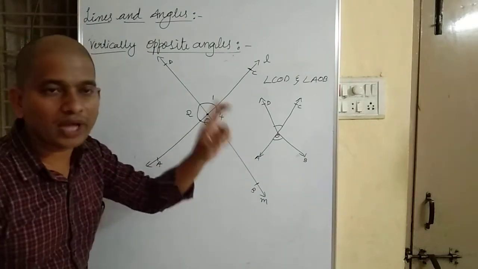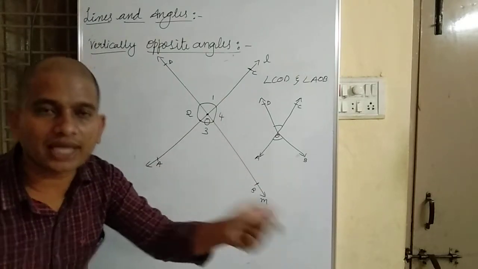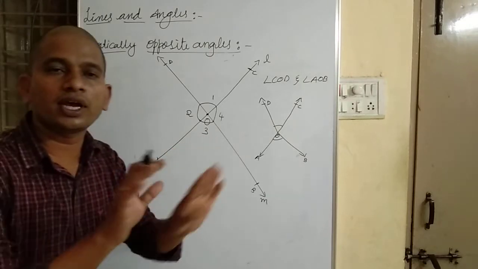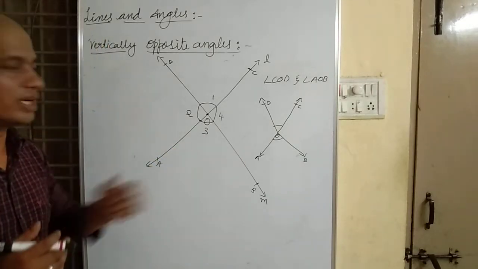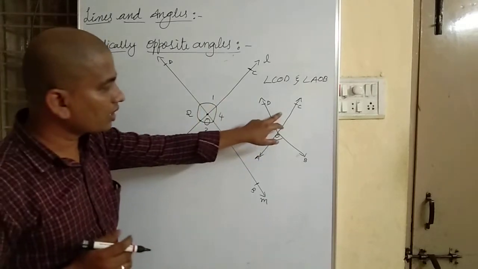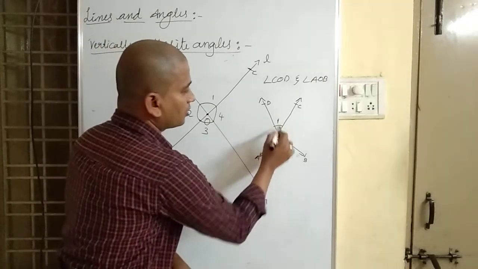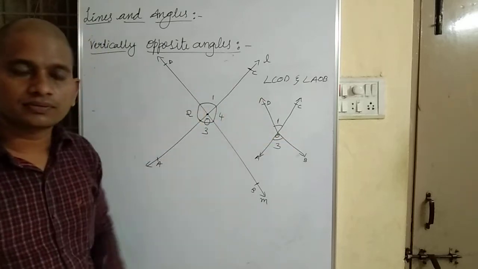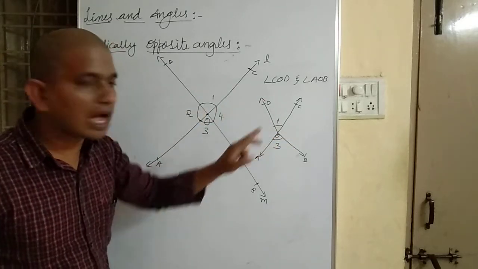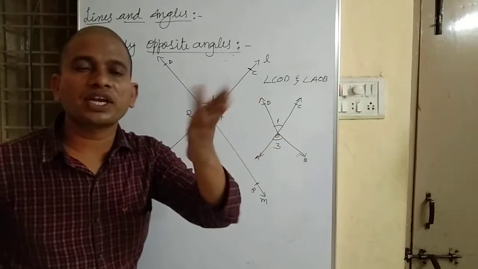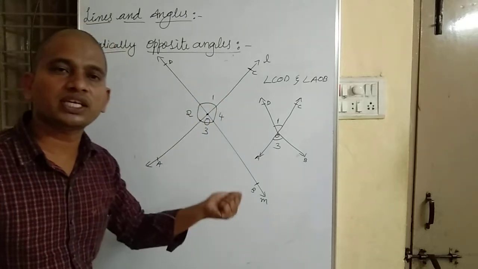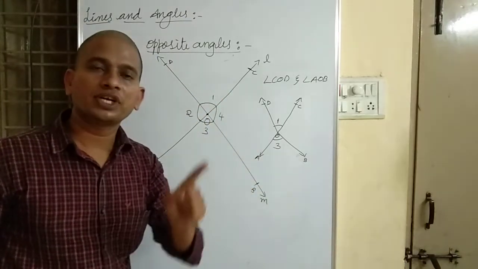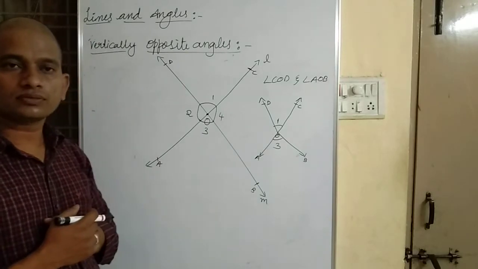When we say that two angles are vertically opposite angles, they do not have any common arm. You can see there, this is angle 1, this is angle 3. Both angles have a common vertex, but they do not have any common arm. Then we say that the two angles are vertically opposite angles.